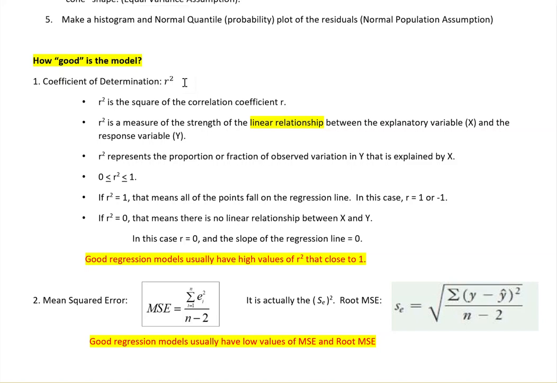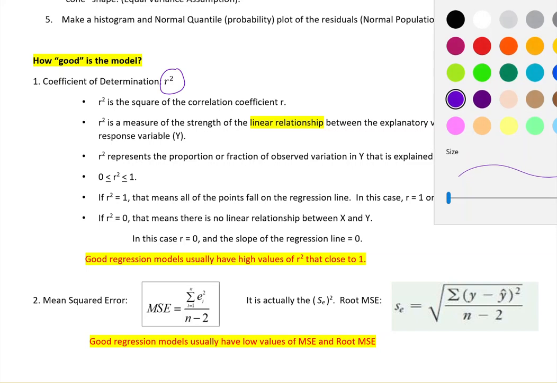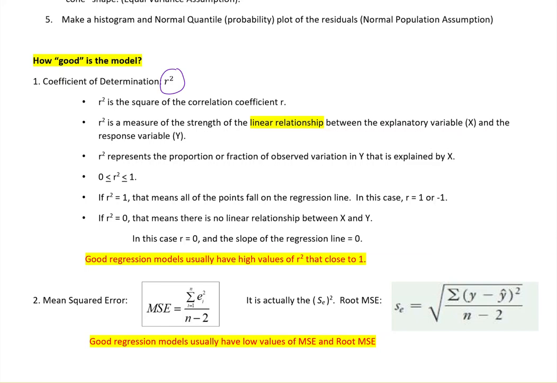All right, so the first thing we can decide is the R square. As we said, R square is the square of the correlation R. So when R square is close to 1, that means all the points will fall on the regression line.